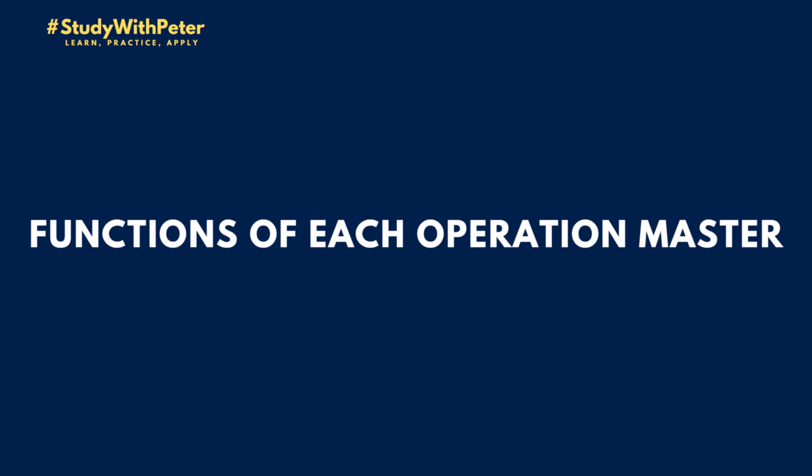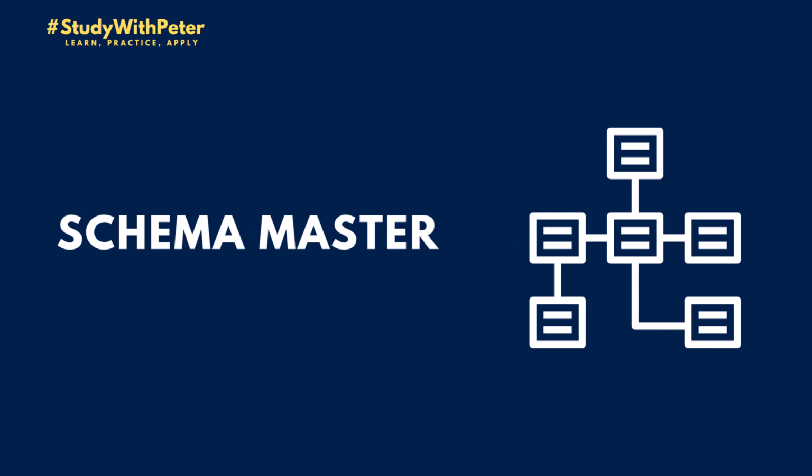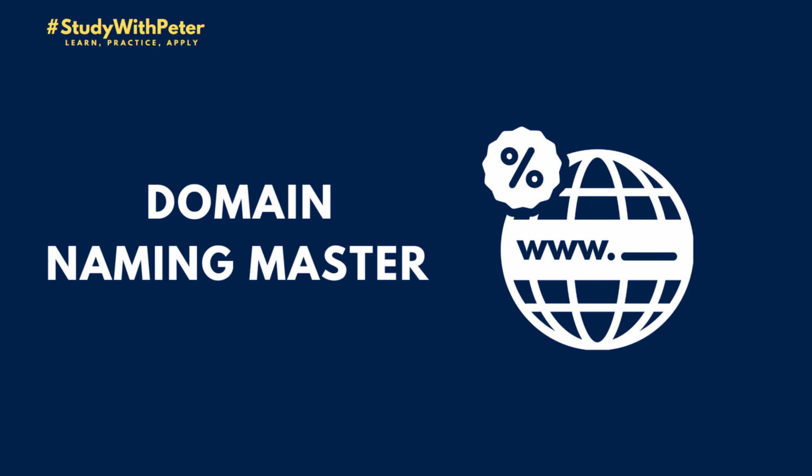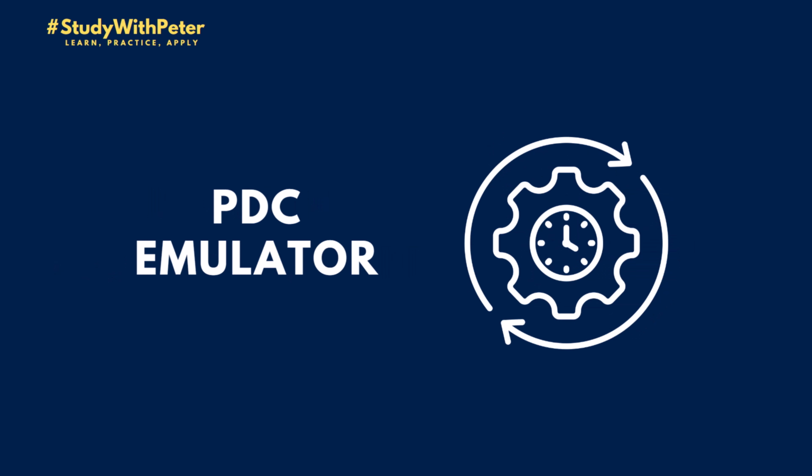So, let's talk about the function of each Operation Master. The first one is Schema Master. Schema Master is responsible for managing modifications to the Active Directory schema. Domain Naming Master is responsible for handling the addition and removal of domains within the forest.